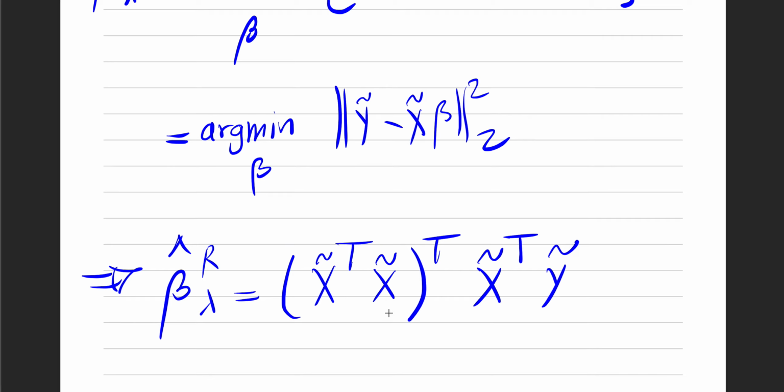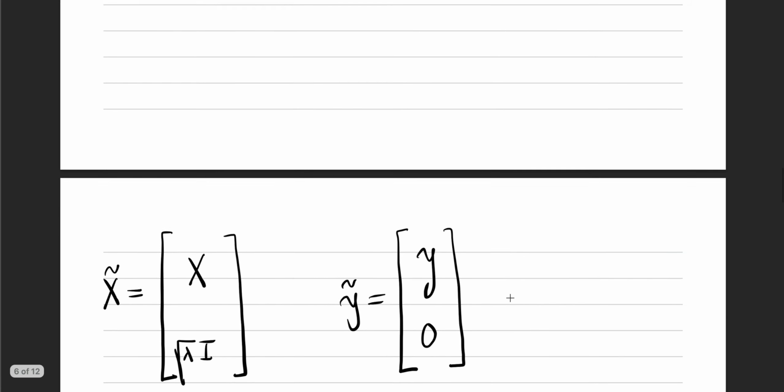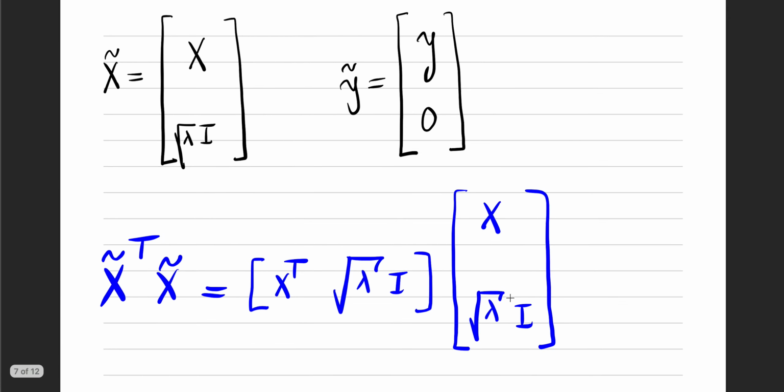Now let's try to simplify this. Just to refresh the memory, X tilde was this block matrix, and Y tilde was this block vector.